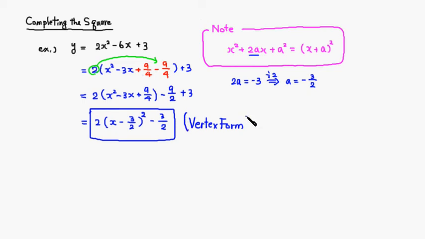And the vertex is the point: it's negative 3 halves, so you have to negate that, so it's positive 3 halves, comma, negative 3 halves. That's the vertex of this quadratic function. All right, that's it. I hope that this was clear.